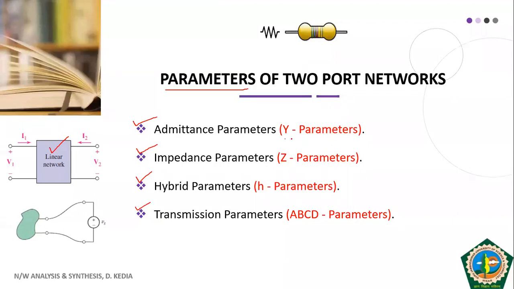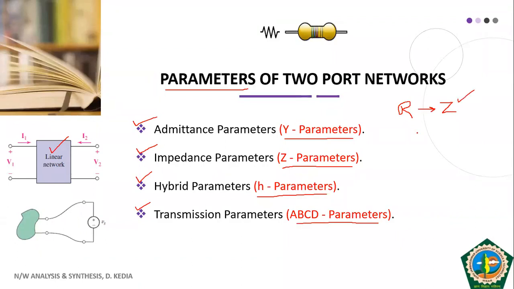Your admittance parameters are also called Y parameters. Your impedance parameters are called Z parameters. Hybrid parameters are H parameters. And transmission parameters are also called ABCD parameters. Let me tell you, you already know what is resistance. When you have, along with resistance, some capacitance or inductance, you represent that with the help of impedance.